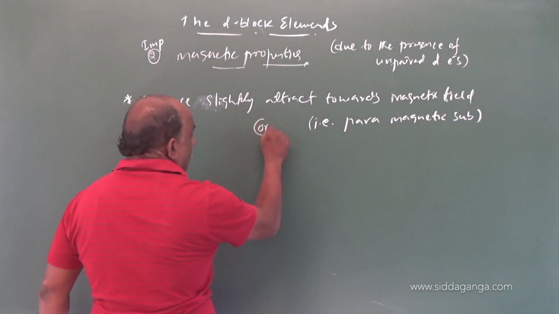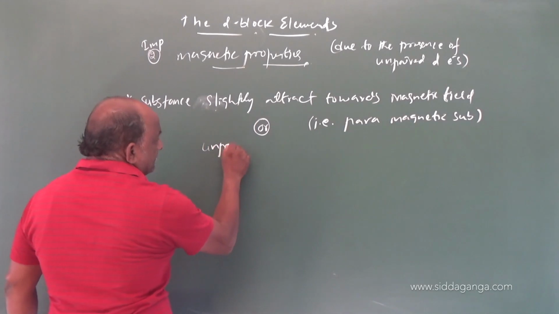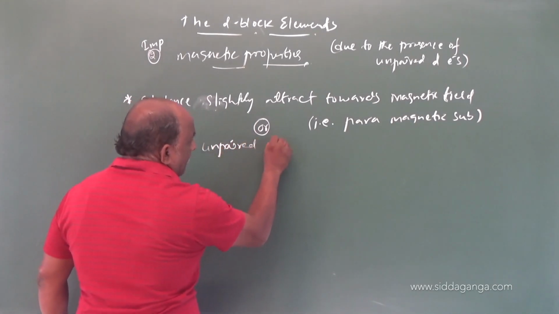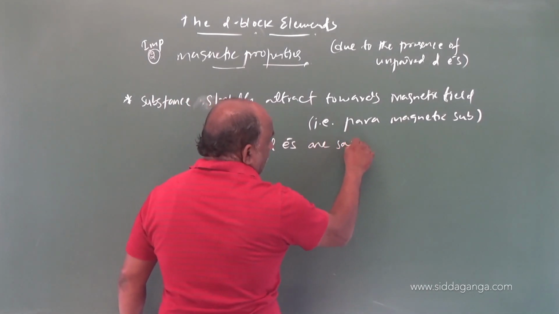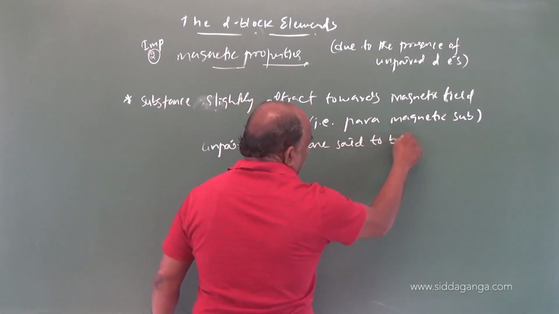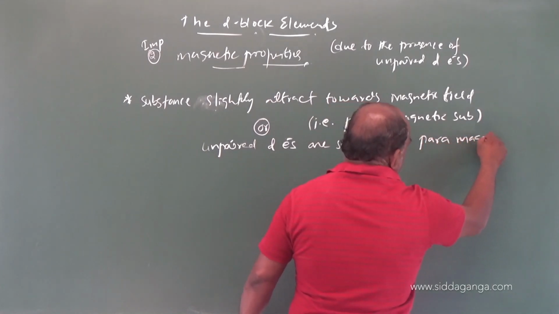On the other hand, one more definition: unpaired d electrons are said to show paramagnetic behavior.